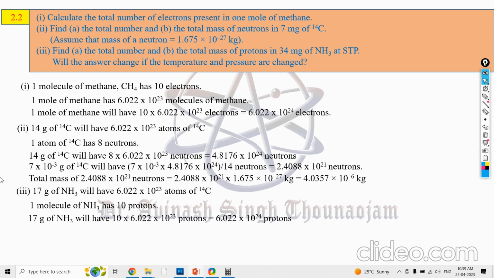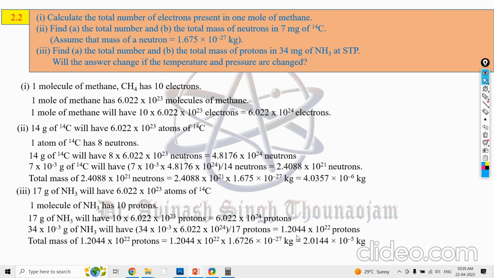Then find the number and find the total mass of protons. Unfortunately, in your question the mass of a proton is not given; it should be given. Also, this is for 17 grams, and your question is in 34 milligrams. So 34 milligrams is 34 into 10 raised to minus 3 grams of ammonia, and it will have these many protons.